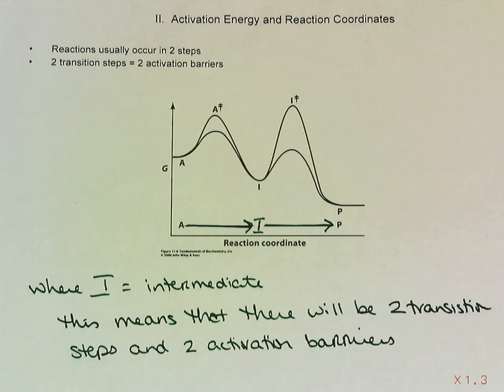Which means there's going to be two transition steps or states, whatever you want to call them, and then there has to be two activation barriers because I'm going to pit stop at I and then head on to P.